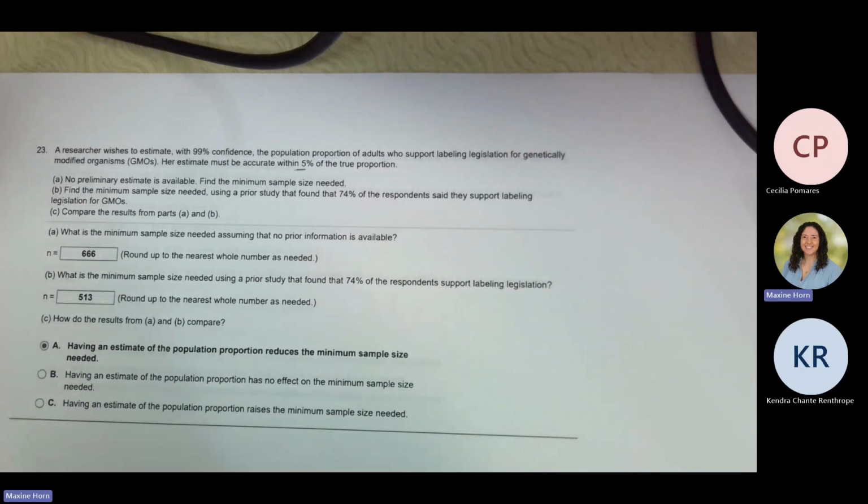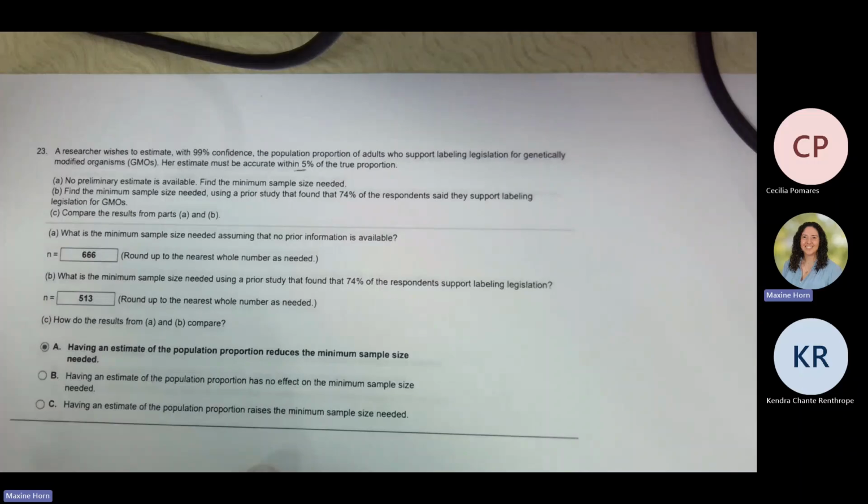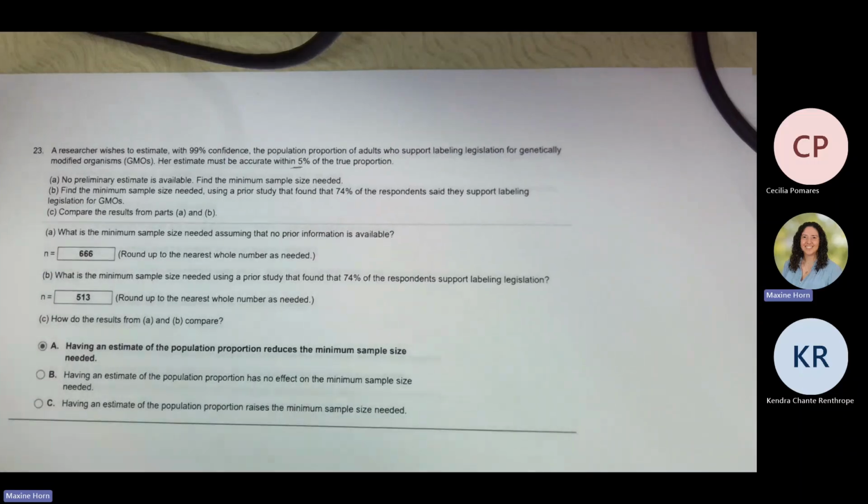Okay, so if the question on your homework doesn't look exactly like this, then you're probably fine. But if the question on your homework looks exactly like this and you get it wrong, reach out to your instructor, because there's a little bit of a glitch there.